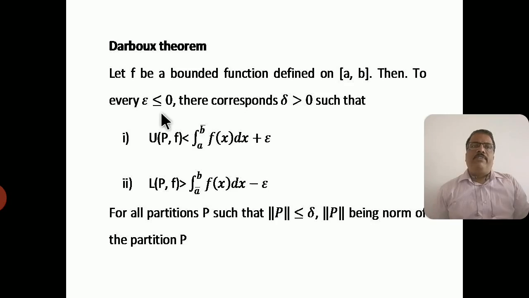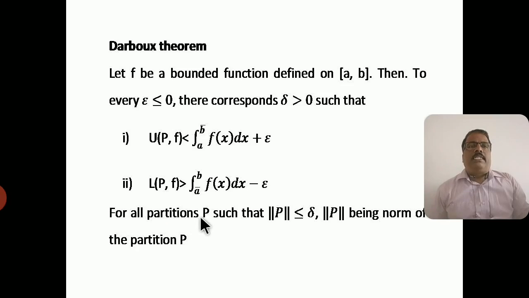Then to every epsilon greater than 0 there corresponds delta greater than 0 such that, first, the upper sum is less than or equal to the integral from a to b bar of f of x dx plus epsilon, and second, the lower sum is greater than the integral from a bar to b of f of x dx minus epsilon.